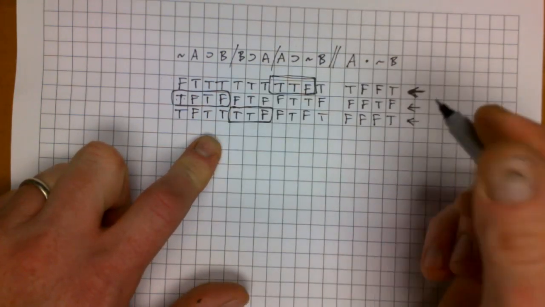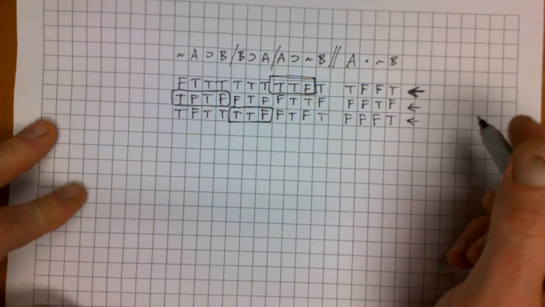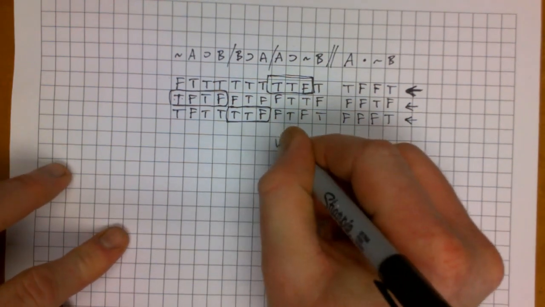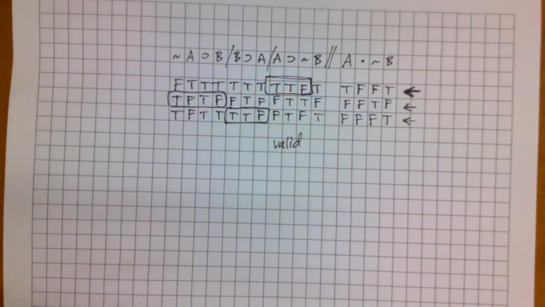So I've reached a contradiction there. Now, since each line necessarily leads to a contradiction, the argument is valid. We have not been able to sustain our assumption that it was invalid. If a contradiction had been avoided on some line, the argument would then be invalid because it would have been possible for the premises to be true and the conclusion false.